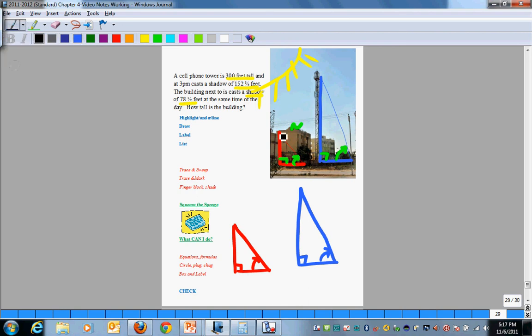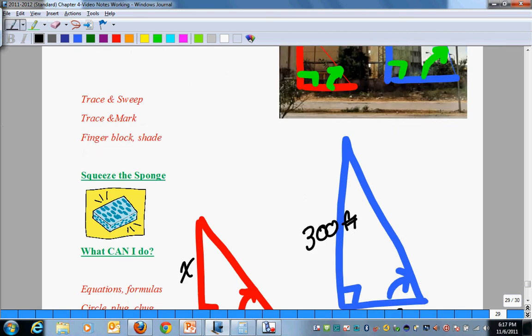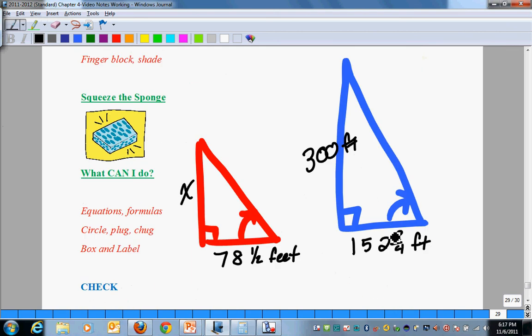We're told the cell phone tower is 300 feet tall and casts a shadow of 152 3/4 feet. Cross this out as you account for it. The building next to it has a shadow, so the shadow is 78.5 feet. And we want to know the height of the building, so that's our x. To work with this easily, we want to translate this to a decimal.